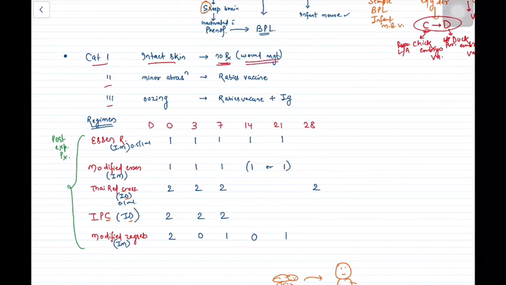Then category 2, if there is a minor abrasion or a minor cut due to the bite, in that case you will give rabies vaccine, which we will talk about. And in category 3, if there is oozing of blood, if the blood comes into picture, you have to mention it under category 3.